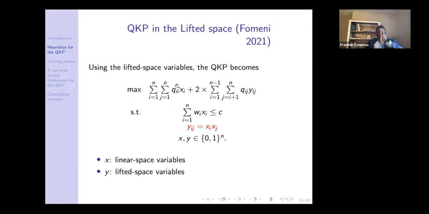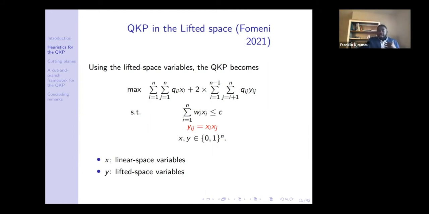We first separate the linear profit part of the objective function from the quadratic contribution of the profit. Then the xi times xj variables we replace with a new variable called yij. So it makes our objective function linear, but the quadratic nature of the problem is brought into the constraint set.